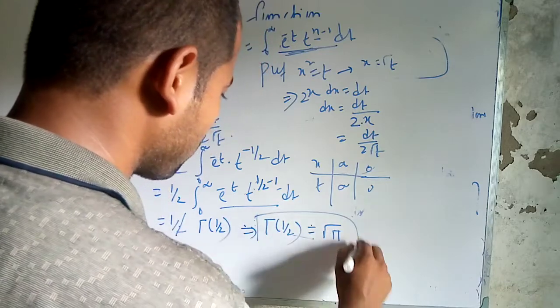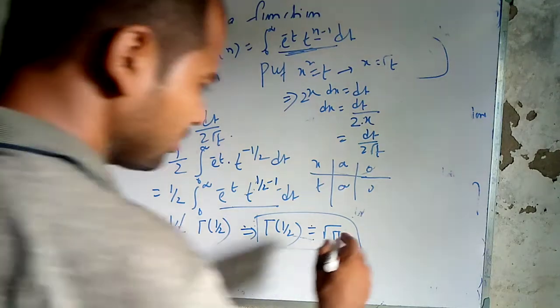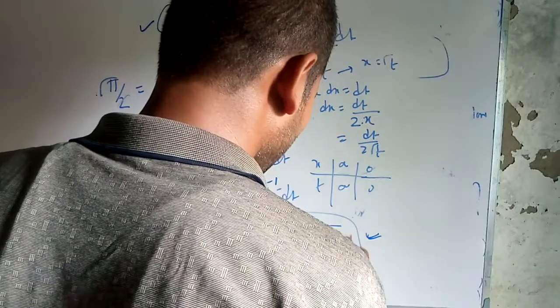This is a very important point for calculating the gamma function. In various exams one question may come: what is the value of gamma function of half? You may struggle, and hence it can be written as root over pi.